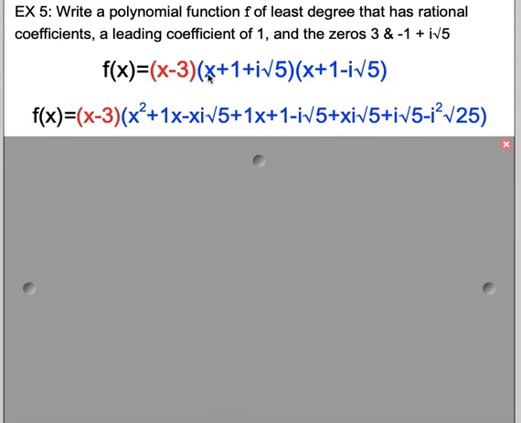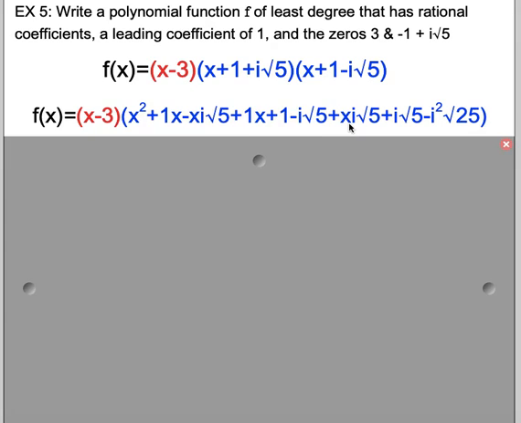So then I FOIL. X times x is x squared. X times 1 is 1x. X times negative i square root of 5 is negative xi square root of 5. Now we do 1. 1 times x is 1x. 1 times 1 is 1. And 1 times negative i square root of 5 is negative i square root of 5. Now repeat the process again. i square root of 5 times x is xi square root of 5.